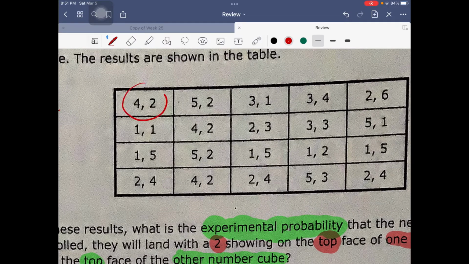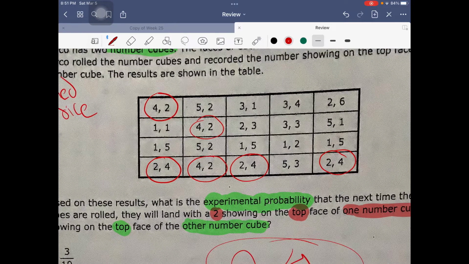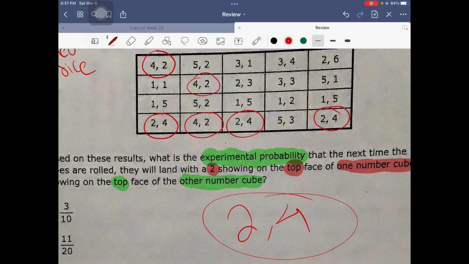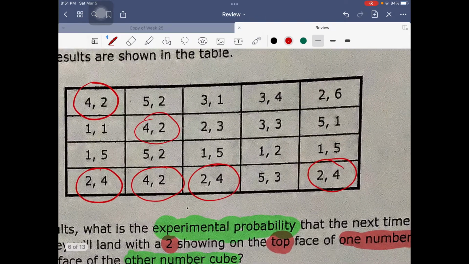Well, we have 1, 2, 3, 4, 5, and 6. We have 6 of them that have 2 and 4. 6 out of how many?